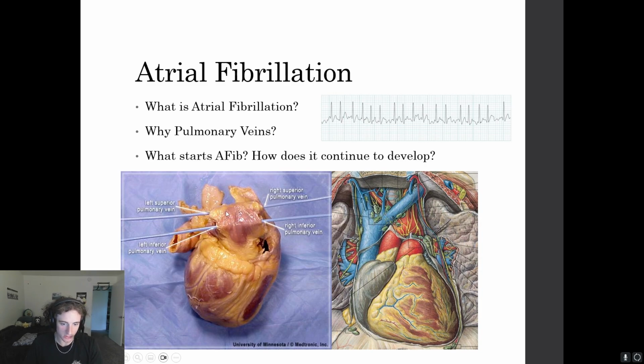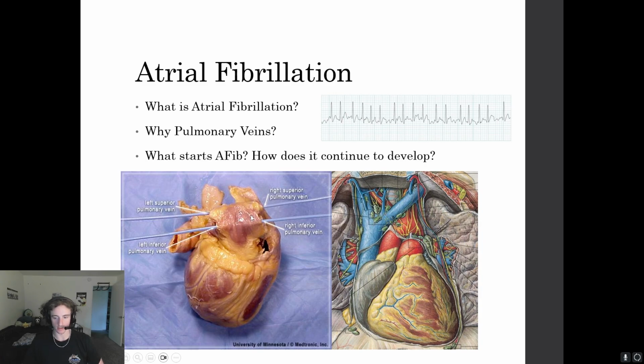You're getting fibrosis all through here, right? So even if you ablate around and essentially isolate and nullify any signals that come from the pulmonary veins on either side, what else is happening?